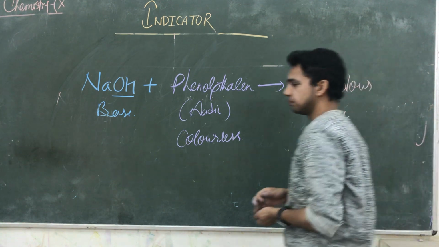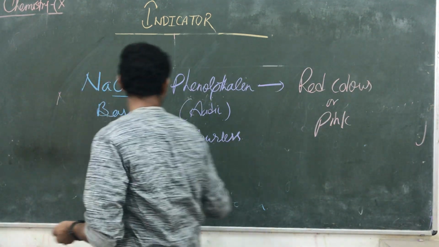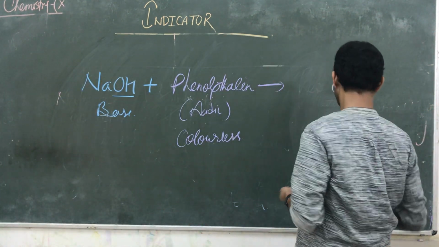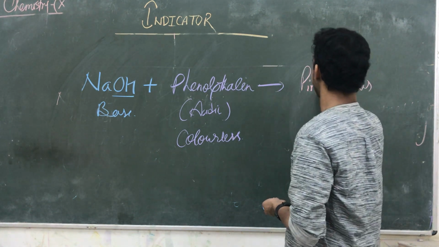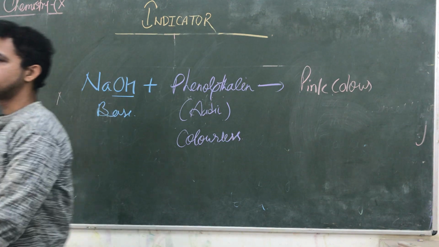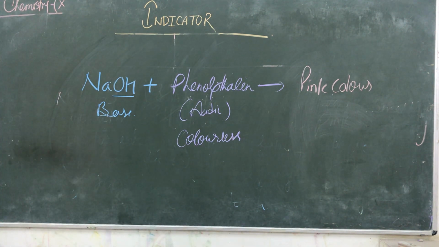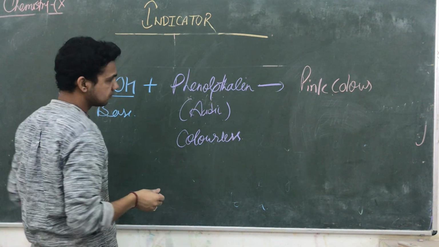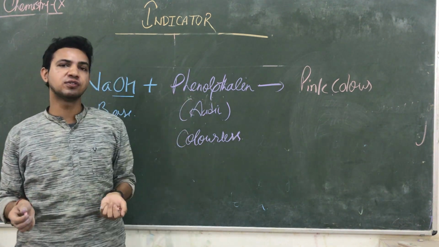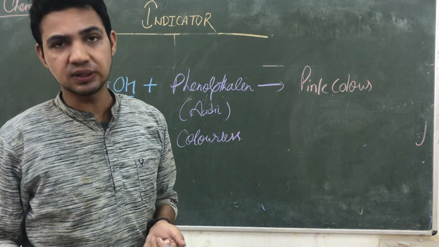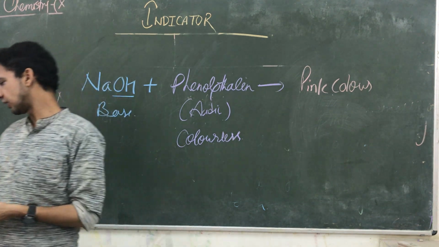Generally we say pink color, not red color. If the color of the phenolphthalein changes from colorless to pink, it means the given solution is basic in nature. So which kind of indicator is phenolphthalein? Phenolphthalein is a basic indicator.